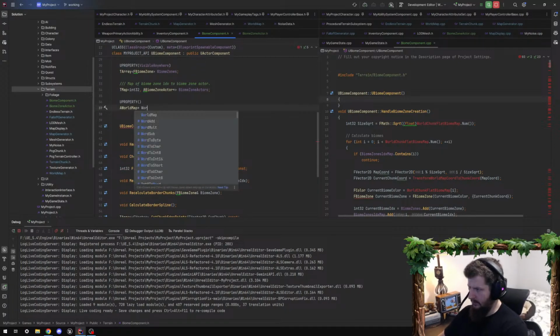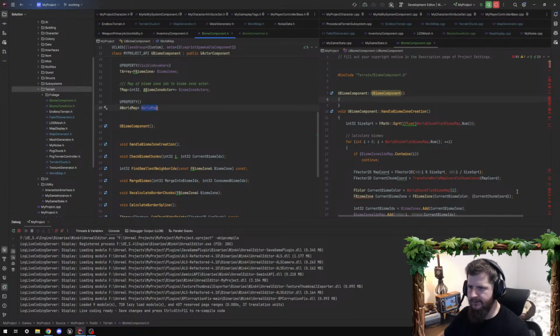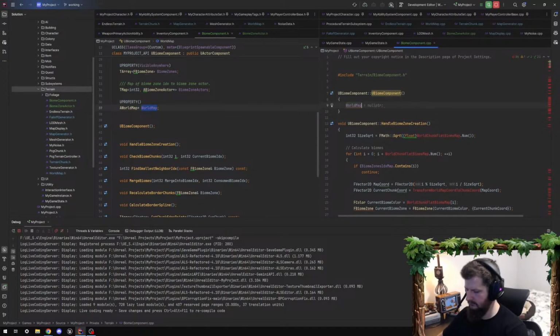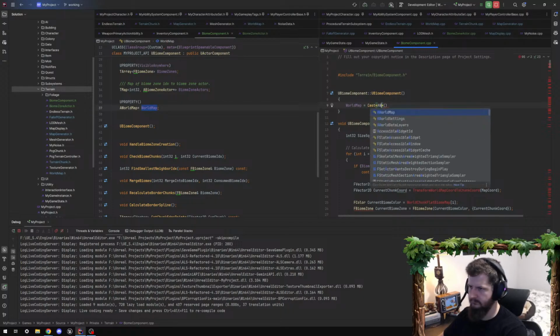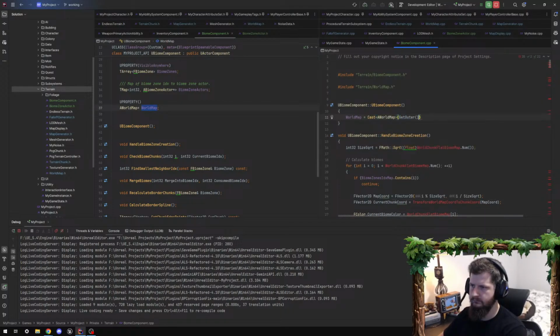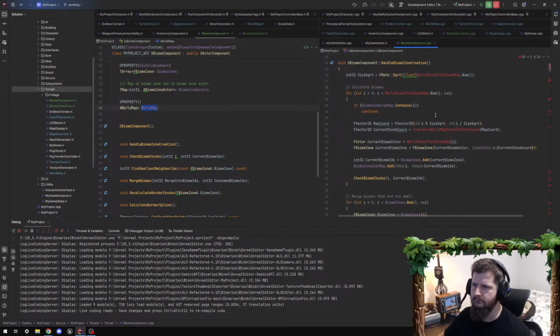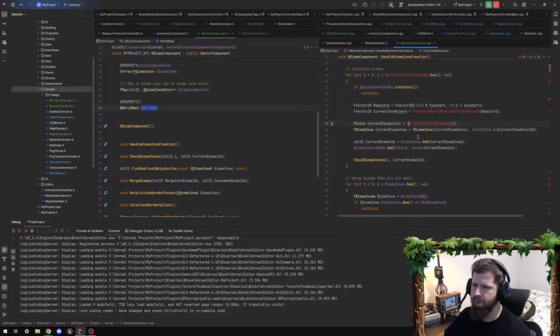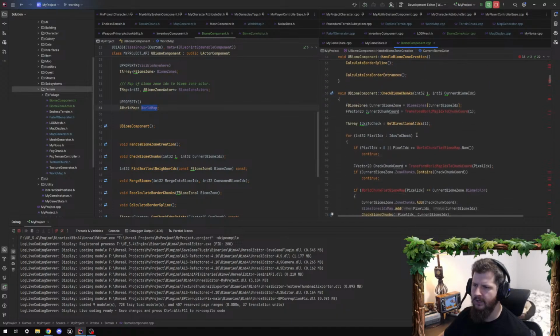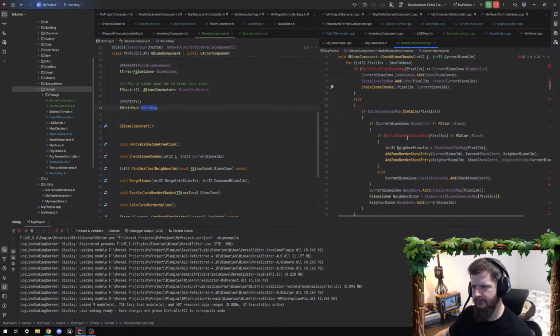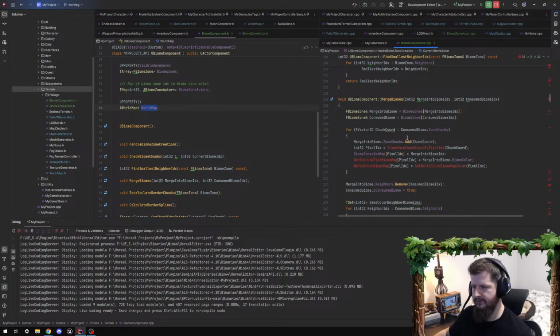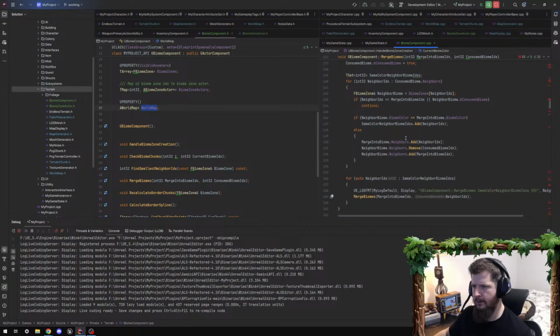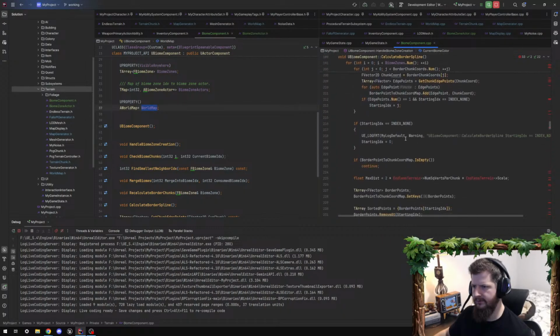We'll just do world map, and then whenever this is created, I guess it's just the transforms and getting the maps that I would need to reference from within the map.